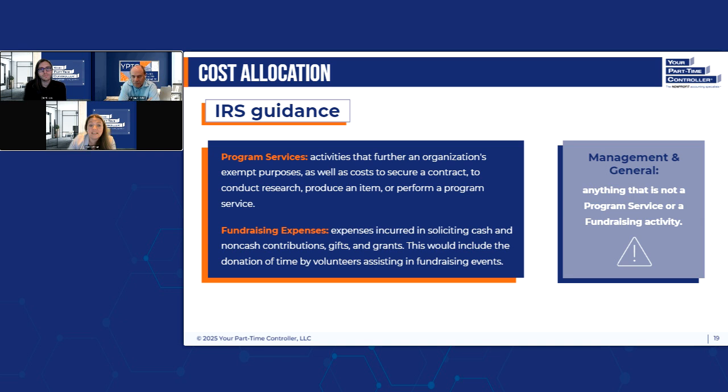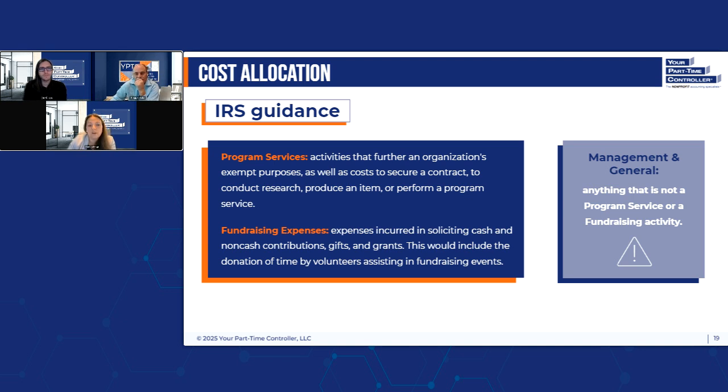Unrelated trade or business activities, regardless of the tax implication of that, go into your program service. So don't think just because it is a different category, it doesn't go there. It goes there. The IRS defines fundraising as expenses incurred in soliciting cash and non-cash contributions, gifts, and grants. That includes costs to solicit grants to provide services to the general public.